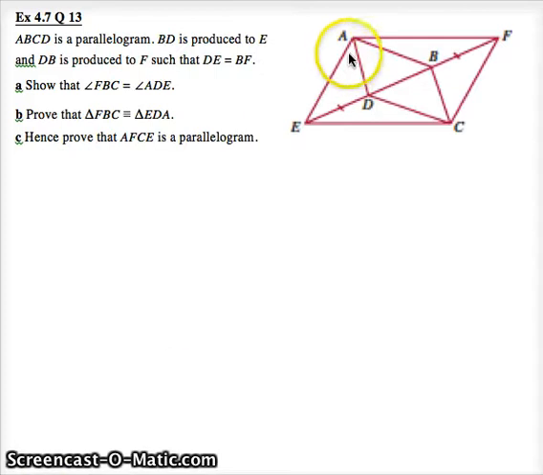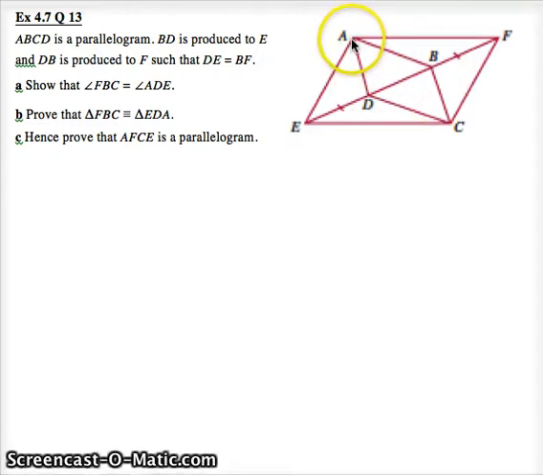Now, remembering the only information that we've really been given is that ABCD is a parallelogram. So we know that AD is parallel to BC and AB is parallel to DC, and this is the only information that you can use. Because we've got parallel lines, we should be looking for co-interior, alternate, or corresponding angles.